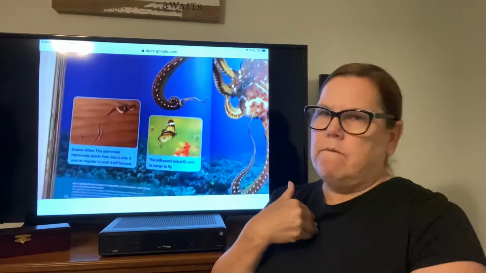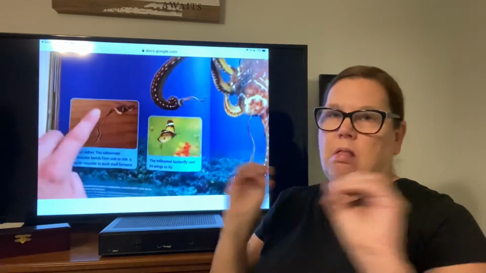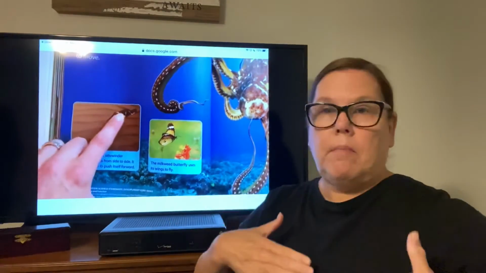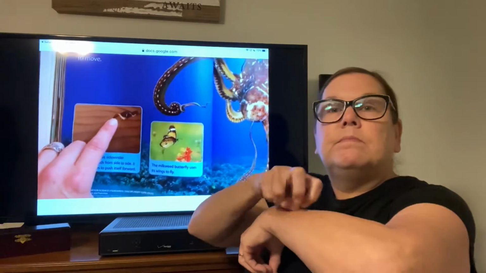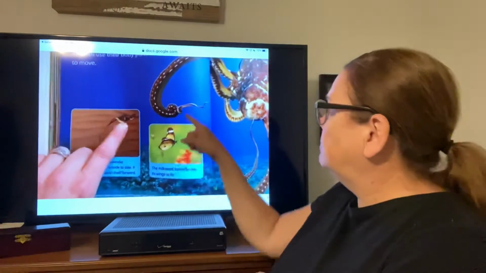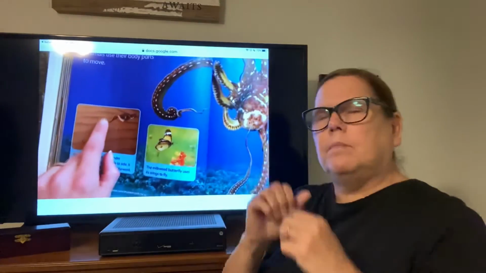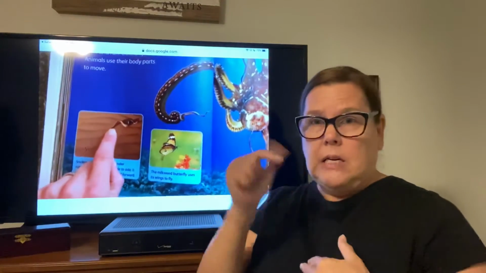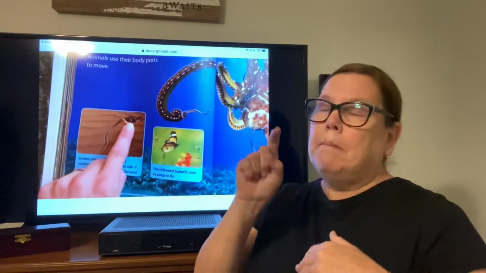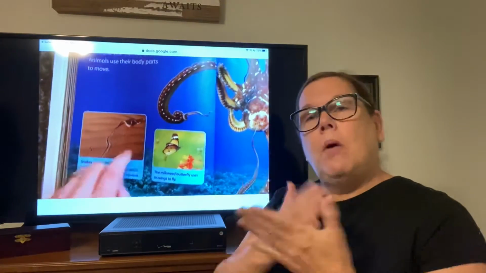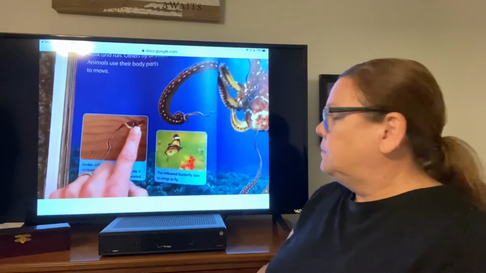So of course, with no legs, no feet, they're using their body parts to crawl along the ground. They take their body and they push, and they take their body and push, just kind of like this octopus does. So when you have no legs and no feet, you've got to find some other way to move. So they slither or crawl.